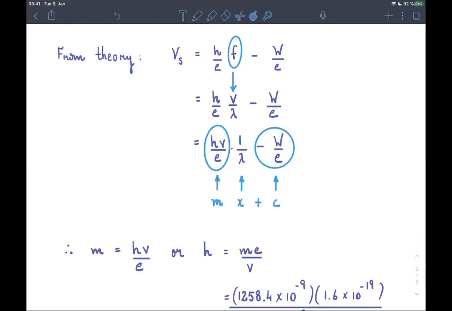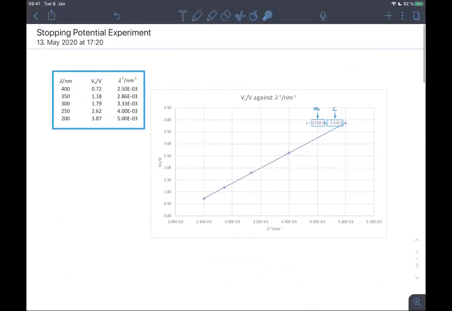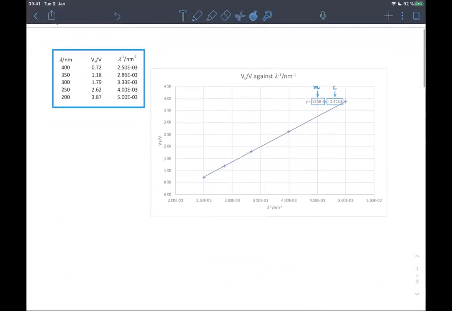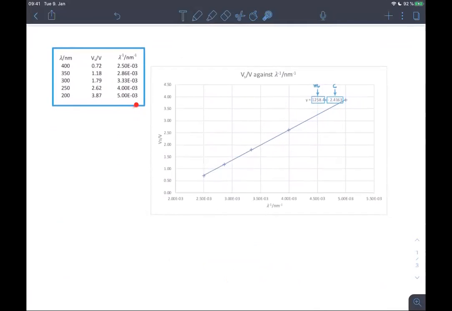And that explains why we need this extra column here. And this is the graph which we are talking about, of stopping potential against the reciprocal of the wavelength. We are still in nanometers here.